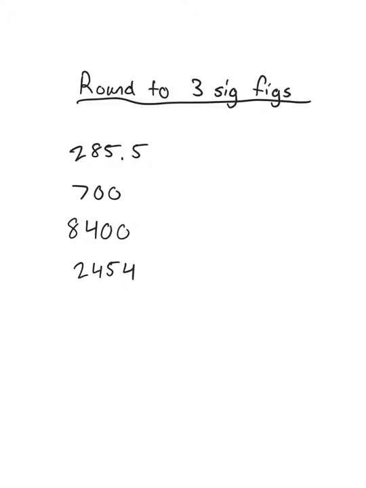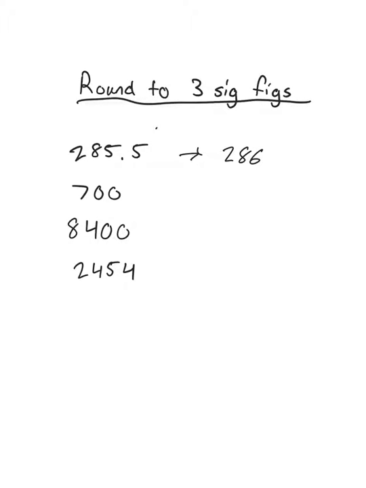So another thing to do with sig figs is they might tell you to round it to a certain number. So let's round each of these to 3 sig figs, and that's going to be 286, because that's 3 sig figs.